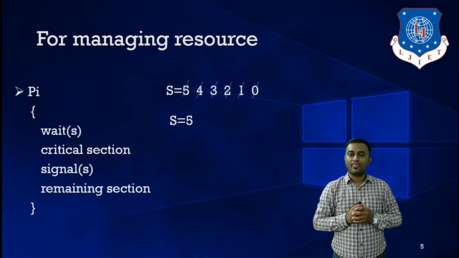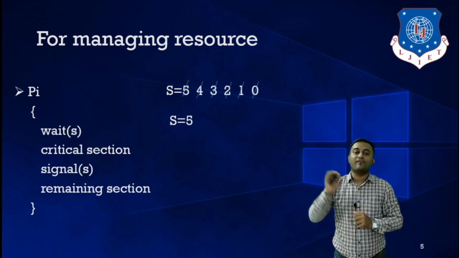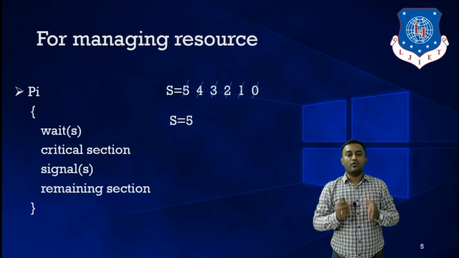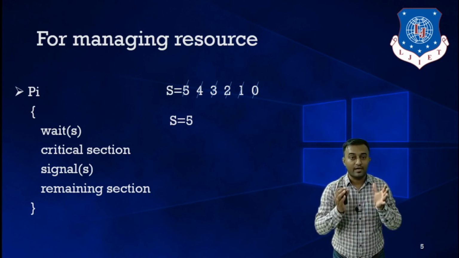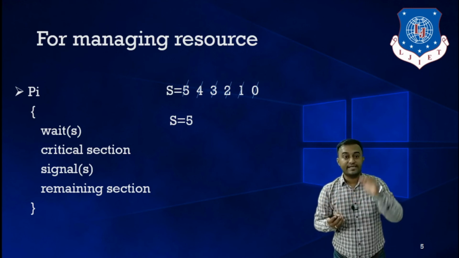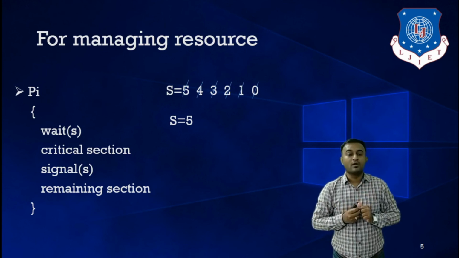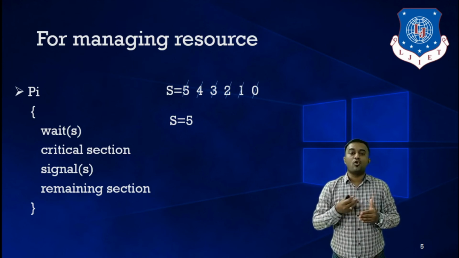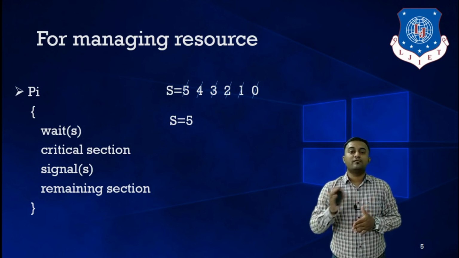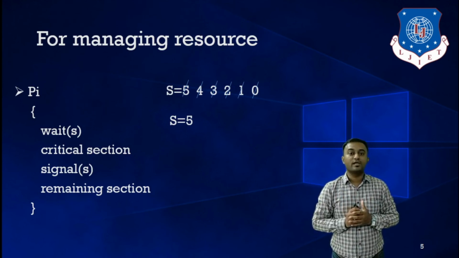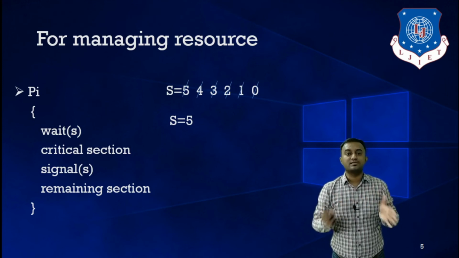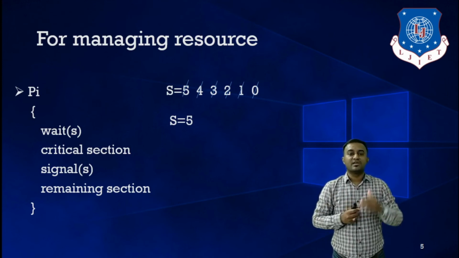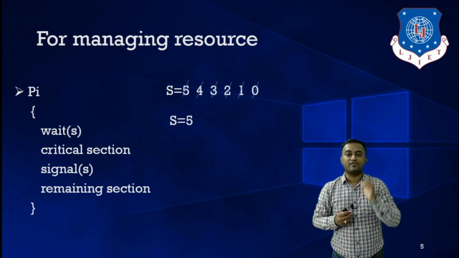Now with S equal to 5, let us execute this code and check whether all 5 processes can execute on 5 printers to achieve real concurrency.